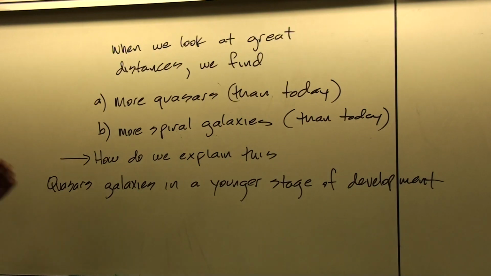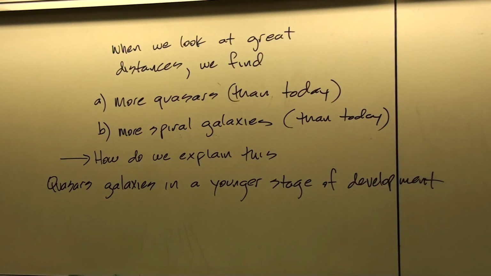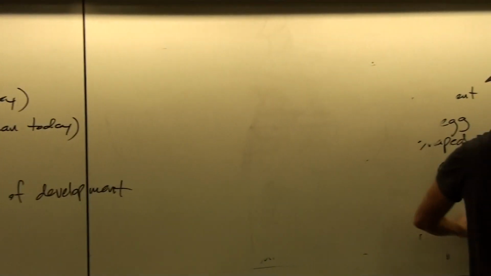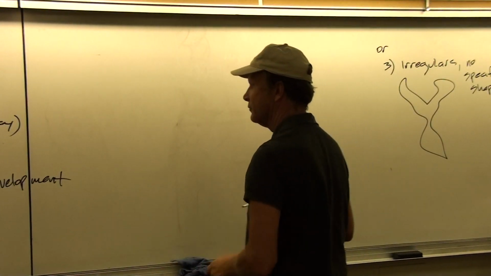But how can we justify that? Well, what I think happened with young quasars is that they had a lot of material available to spiral in toward a galactic-sized black hole.